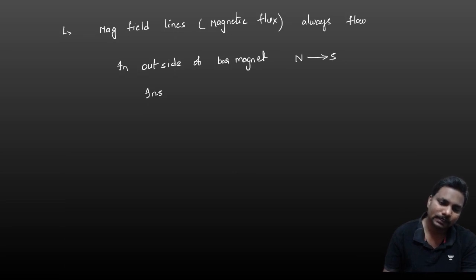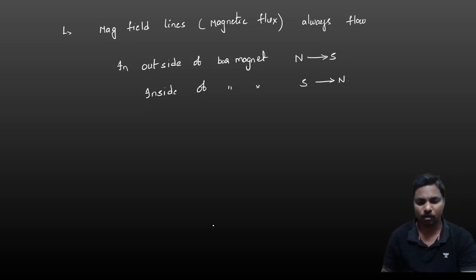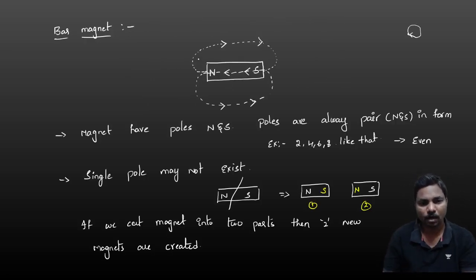Inside the bar magnet, they flow from south to north. So outside it is north to south, inside south to north.